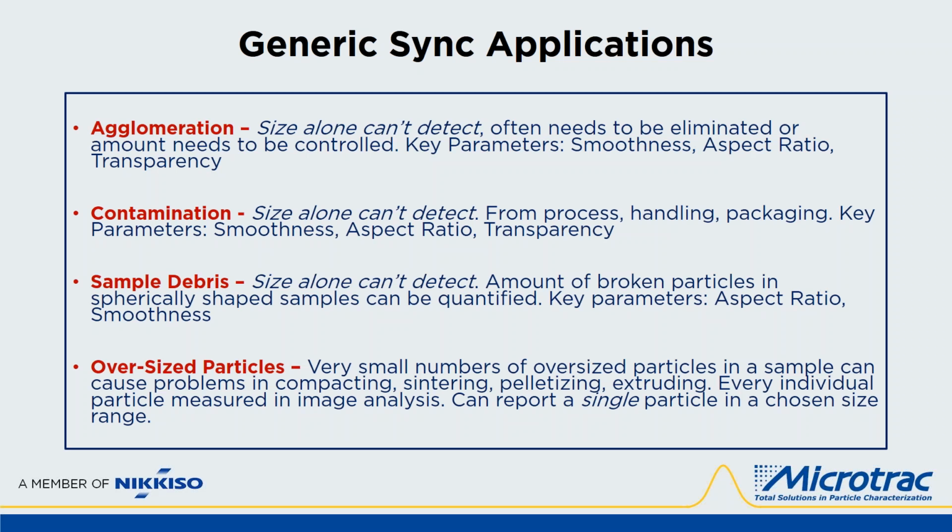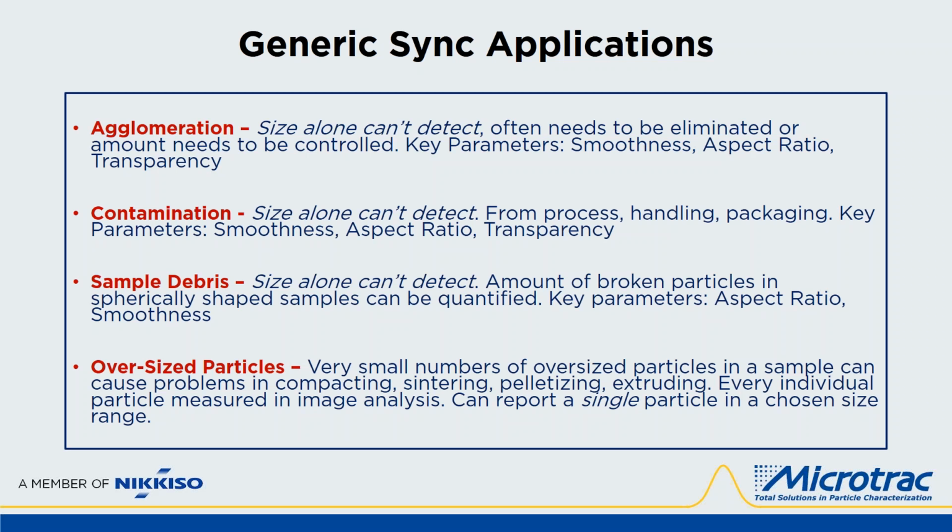The most common one is agglomeration, and the presence, absence, or amount of agglomeration might be good or bad for different applications. In most processes, it's an undesired feature, and size alone can't detect the degree of these first three generic problems. But parameters like smoothness, aspect ratio, and transparency can.